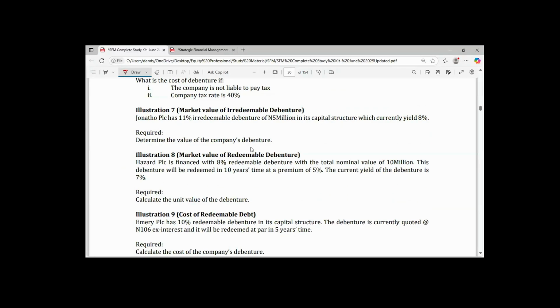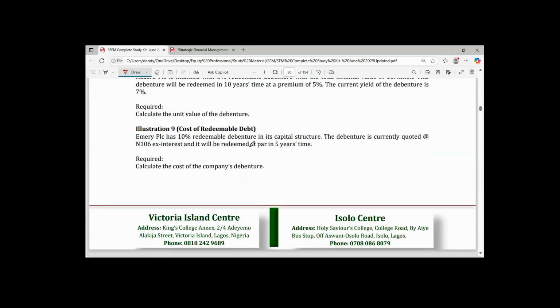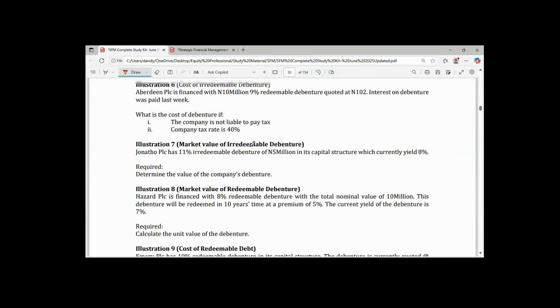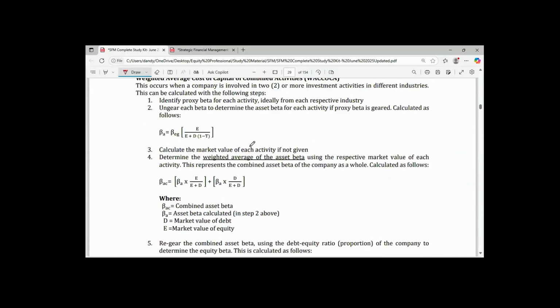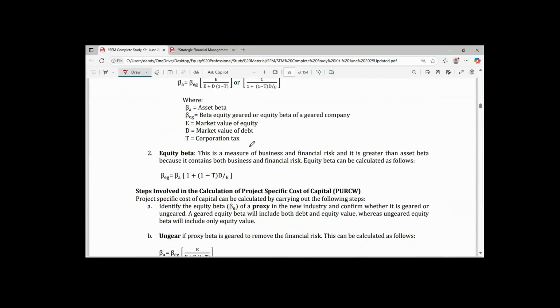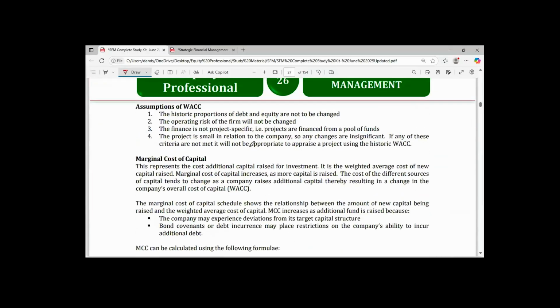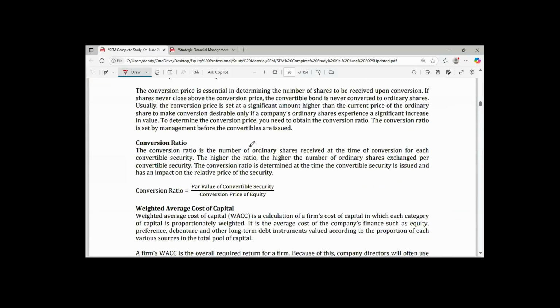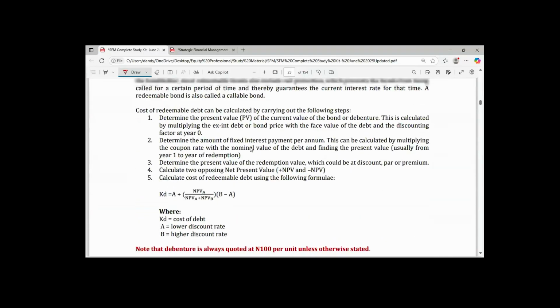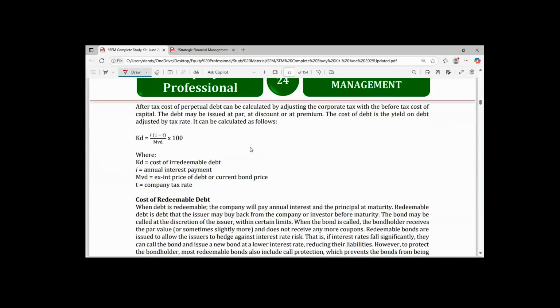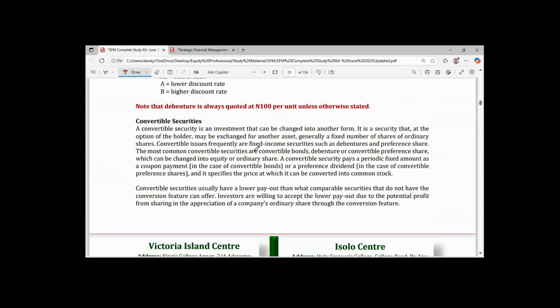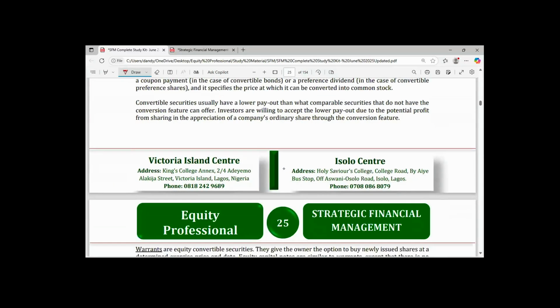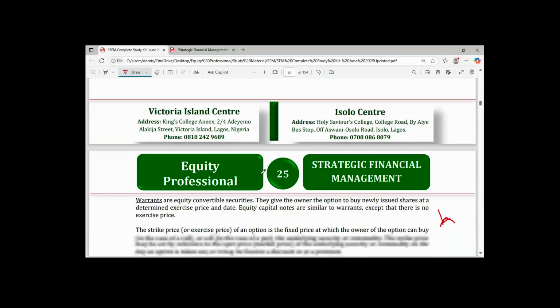I encourage you to go and read cost of debt and cost of convertible security from this material, so that in our next class, when I'm talking through it, you already have an idea of what I'm talking about. I should also be able to introduce you to WACC, weighted average cost of capital, in our next class.